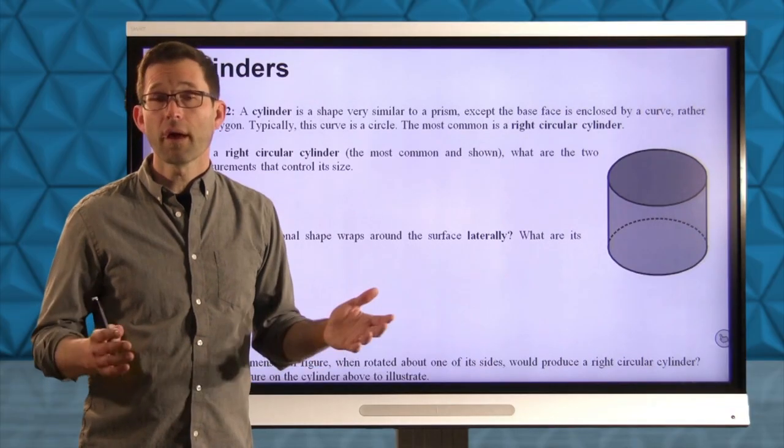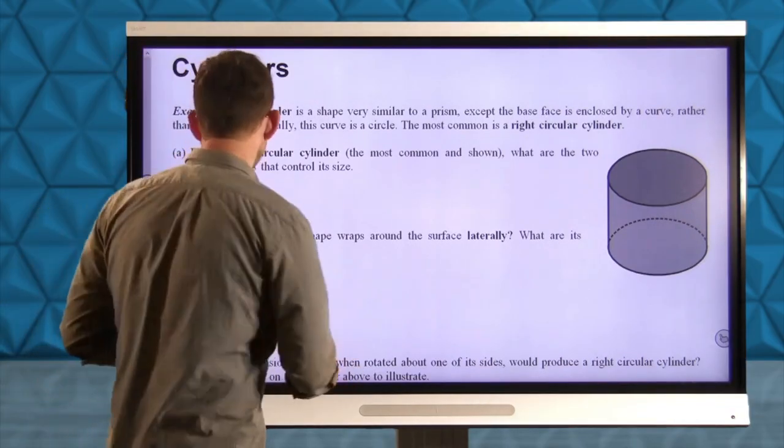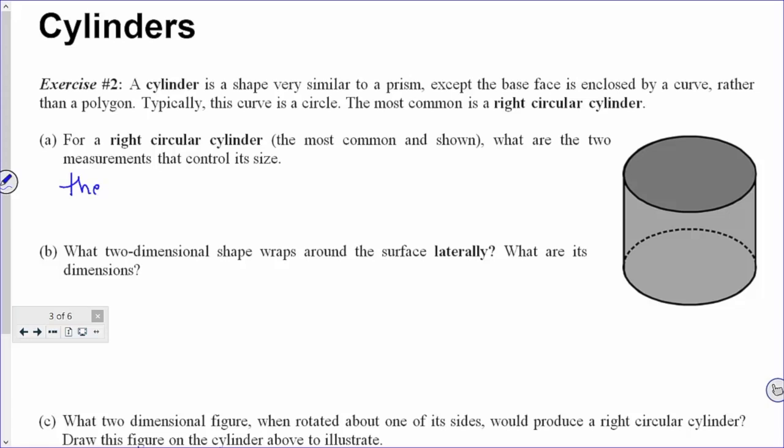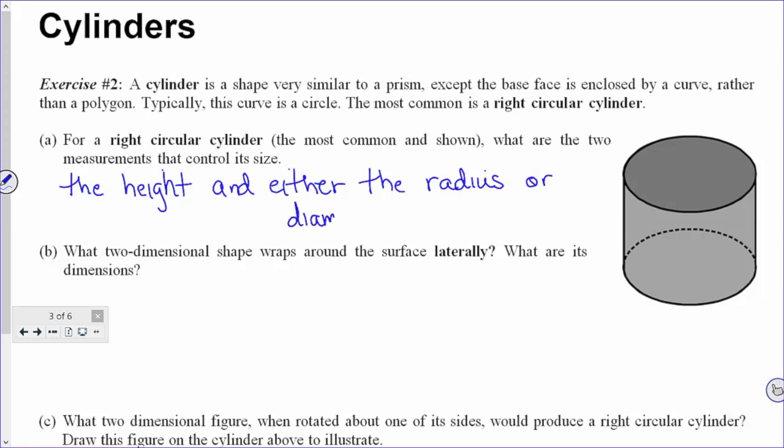Well, it kind of depends, but certainly the height and either the radius or diameter of the base.